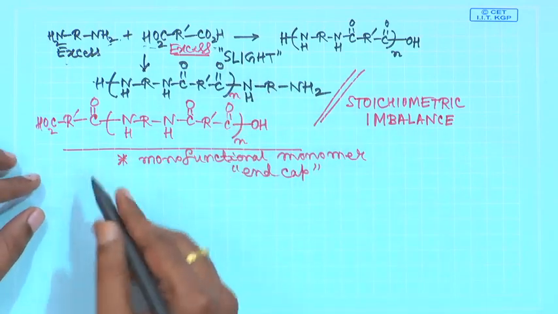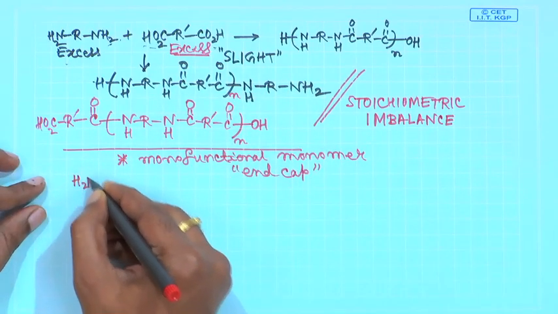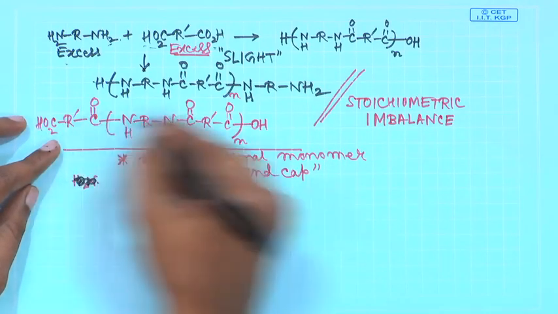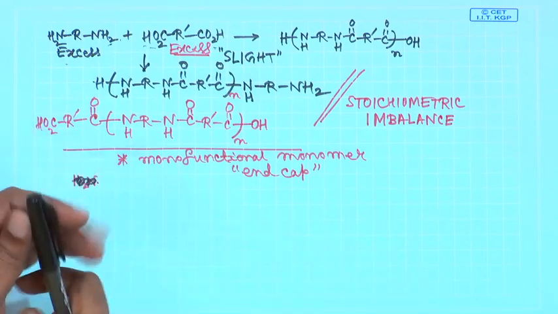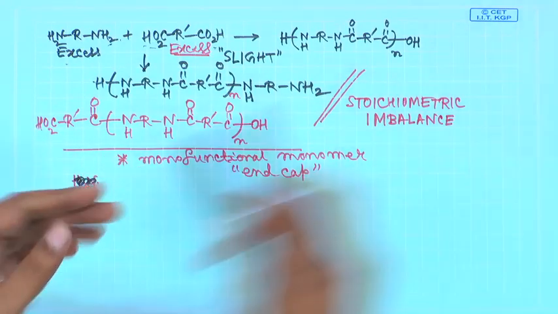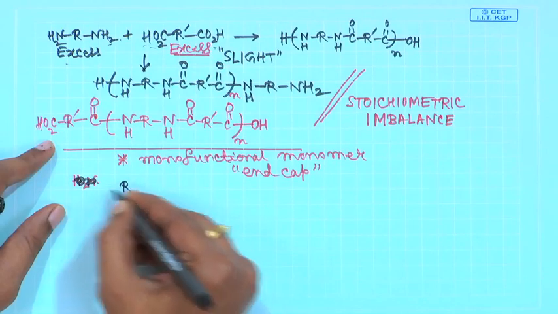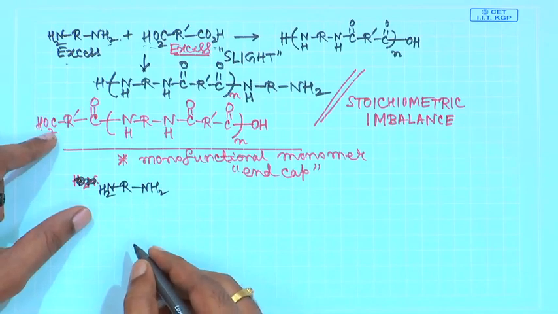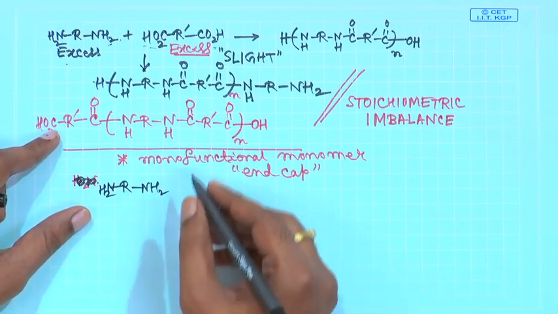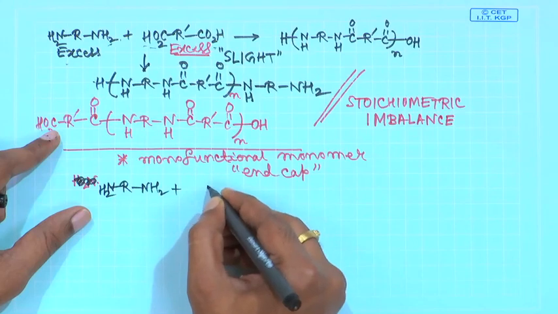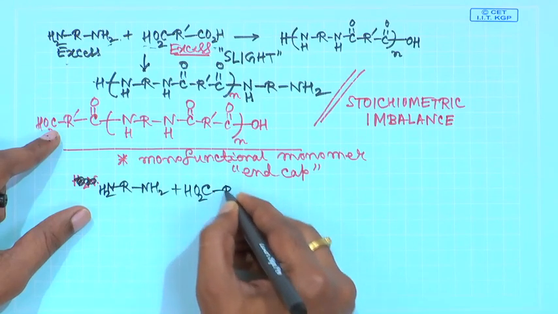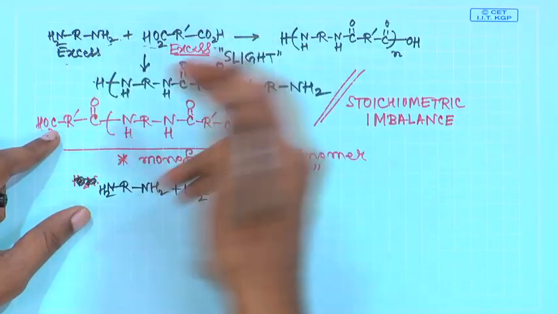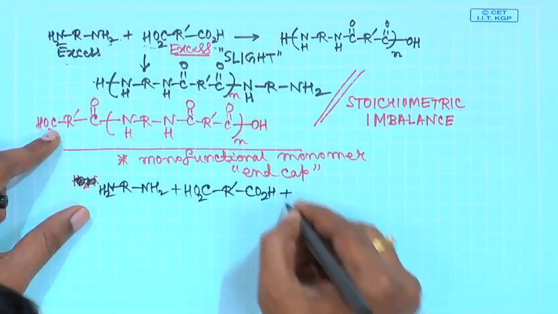So, for example, I will go back to the black pen because that concept has been already discussed. So, we come back to the original color. If you have a diamine like this and you are reacting this diamine with say carboxylic acid, usually I am taking the same reaction because I am trying to illustrate the concept, and it becomes easier if you already know the kind of reaction that we are dealing with, for the starters.